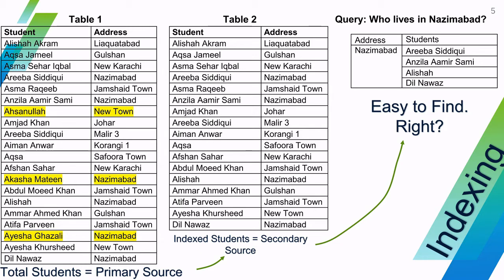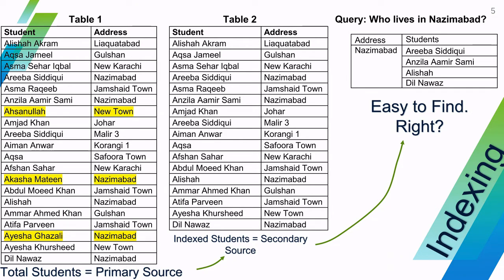Table 1 is raw data. Raw data in this case is primary literature. Table 2 is the list of indexed students. Indexed students are the secondary source or secondary literature.